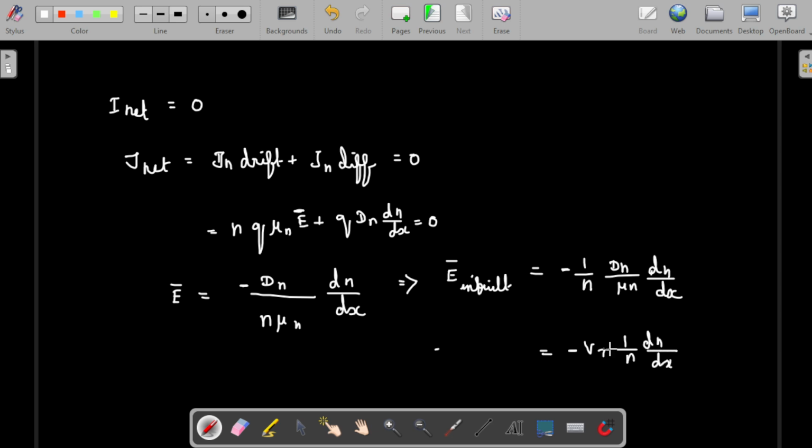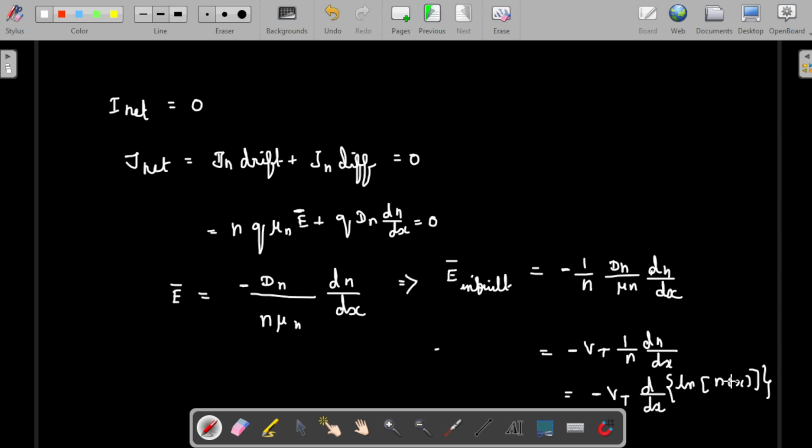We can use some differentiation formula and remodify it to another term. It will be equal to minus Vt, where 1 by n dn by dx can be defined as d by dx of ln n of x. We are making this n and x into n of x. So this is one term.